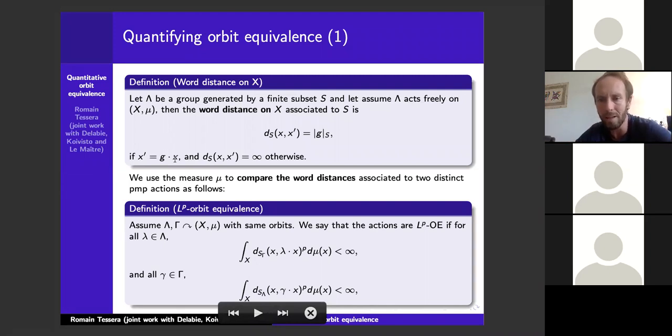So it suggests that for p large, it's more demanding than for p small. And indeed, it's easy to see that, because you are integrating over a probability space, p-integrability is stronger as p becomes larger. So L infinity is essentially being bi-Lipschitz.